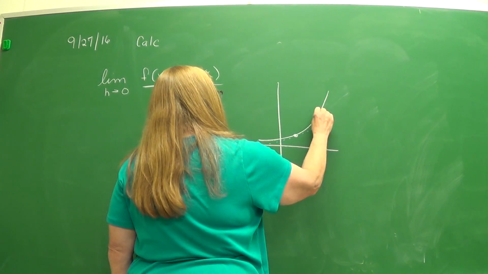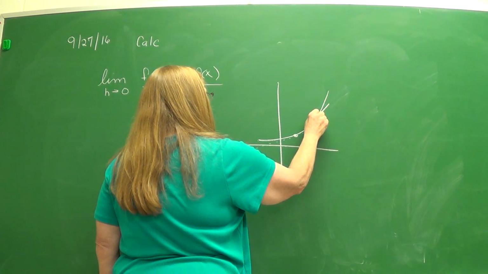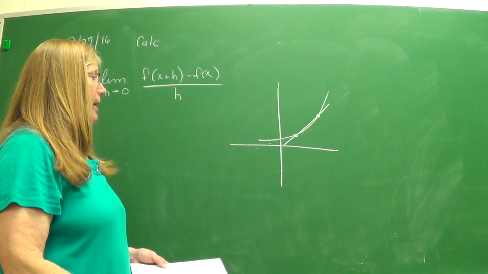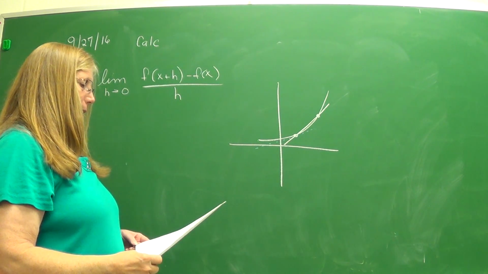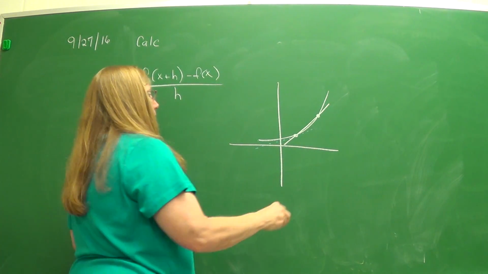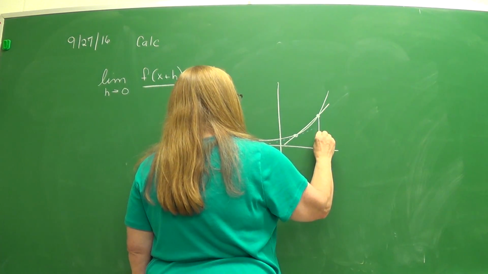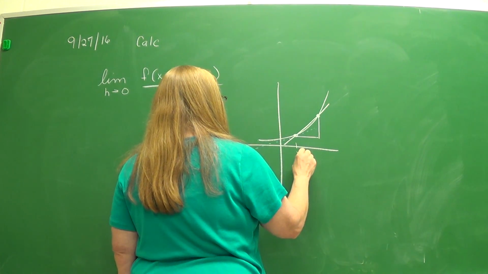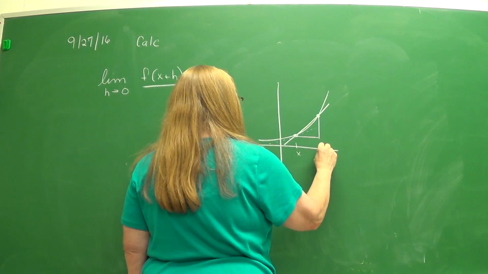We start with another point on the graph, and we draw a line that connects those 2 points. This is the secant, and what we did last night is we called this value x and this value x plus h.